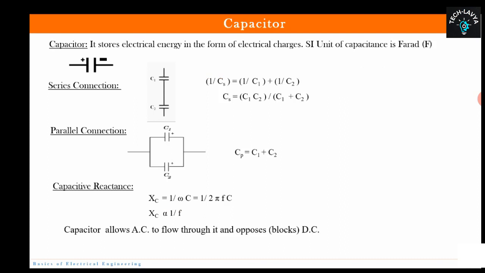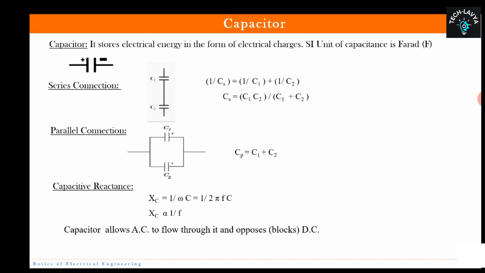Now let us see how a capacitor behaves, right? Basically a capacitor is an element which stores the electrical energy in the form of charges, and the SI unit of inductance was Henry and SI unit of capacitance is Farad. The symbol is shown and the series and parallel connections are also shown. But here you have to remember that in series and in parallel the equations are exactly opposite to that of an inductor or a resistor.